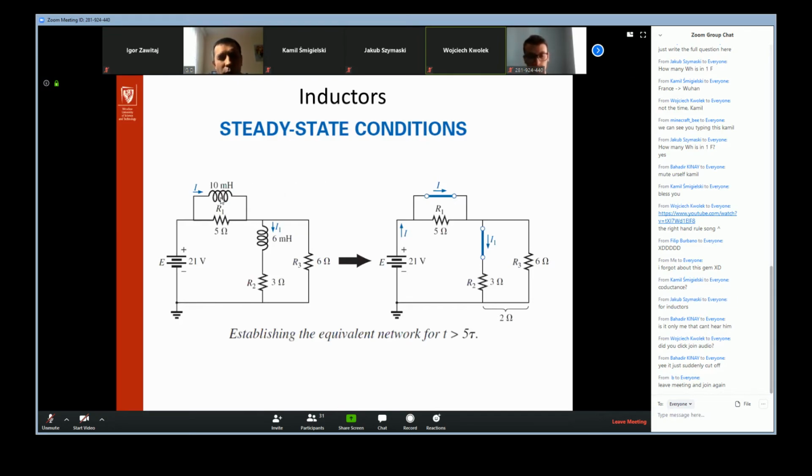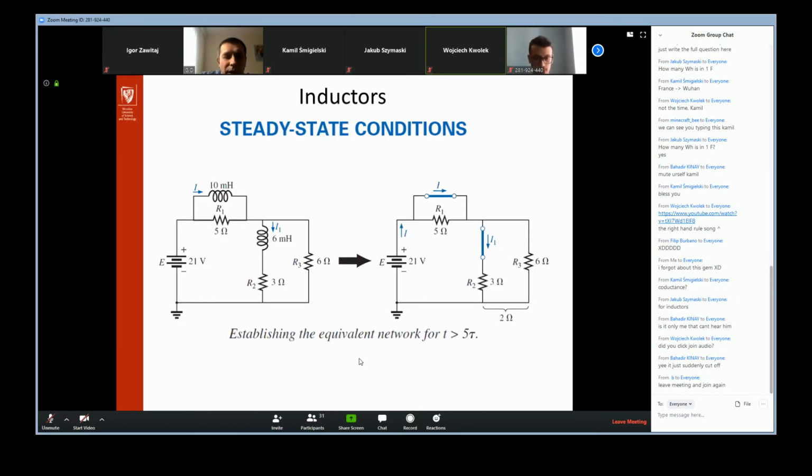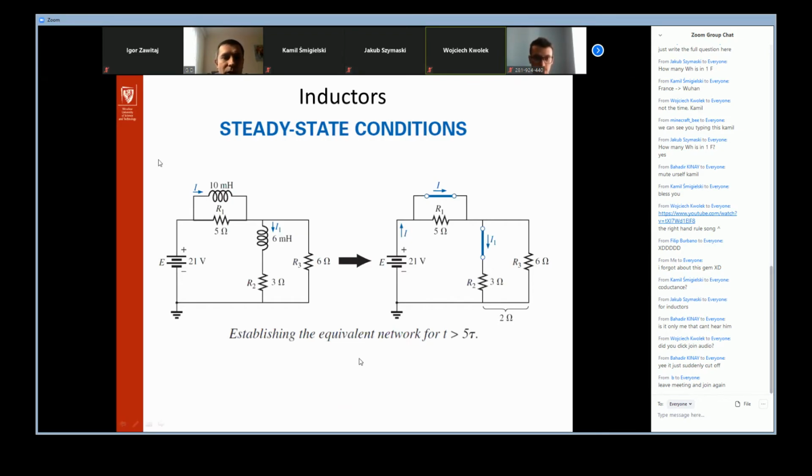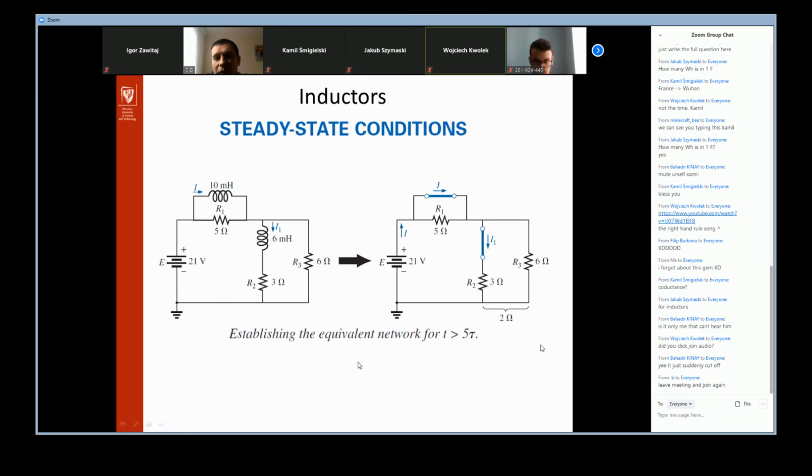There is no current change passing through the coil, so there is no voltage induced across the coil. So we can say that for the steady state, the coil is like a short circuit, because for the ideal coil the resistance is zero. So we can consider this example circuit like that one after 5 tau.